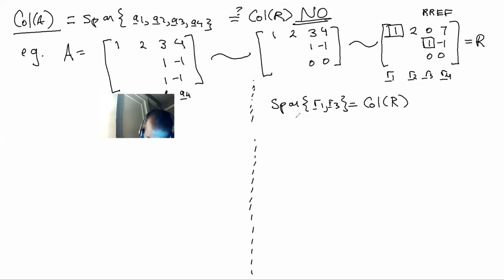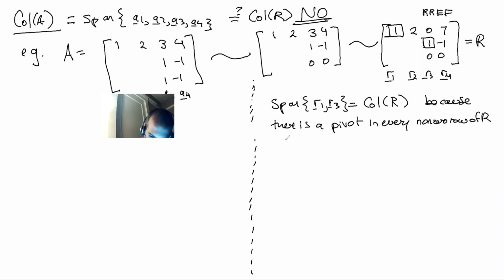That's one way to think about it, but it's actually more to do with the rows. The reason is that there is a pivot in every non-zero row of R, and these are the pivot columns.